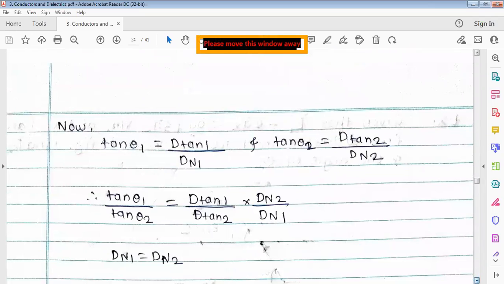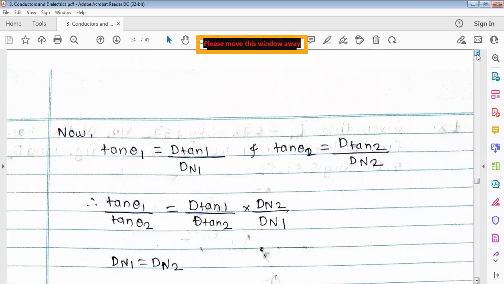now tan theta 1 is equal to d tan 1 divided by dn1, and tan theta 2 is equal to d tan 2 divided by dn2. That is the tangential component. Tan theta is nothing but the ratio of sine and cos, right?